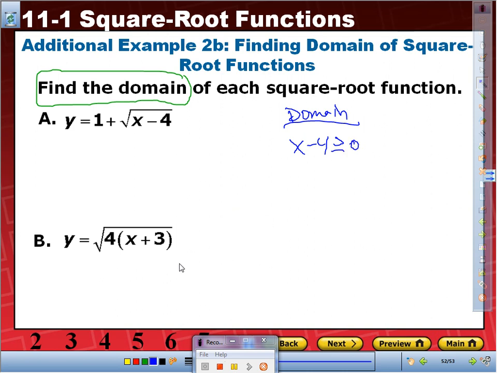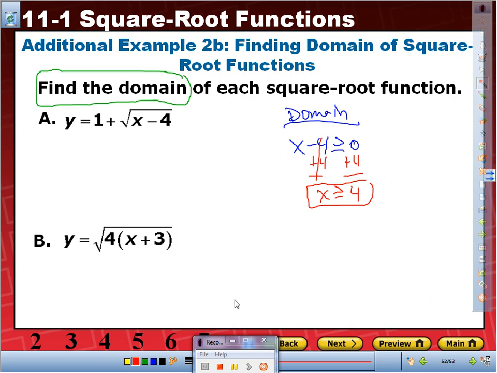And let's just solve and see what our domain is. So plus 4, x is greater than or equal to 4. So if we were to picture the number line, what's my domain starting at what? At 4 and everything to the right. Everybody with me? Does everybody see it?